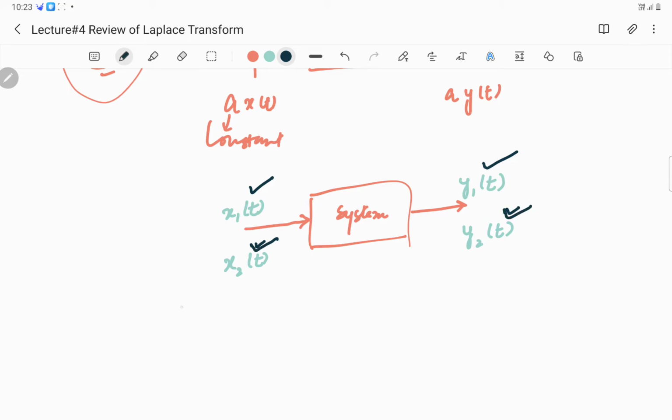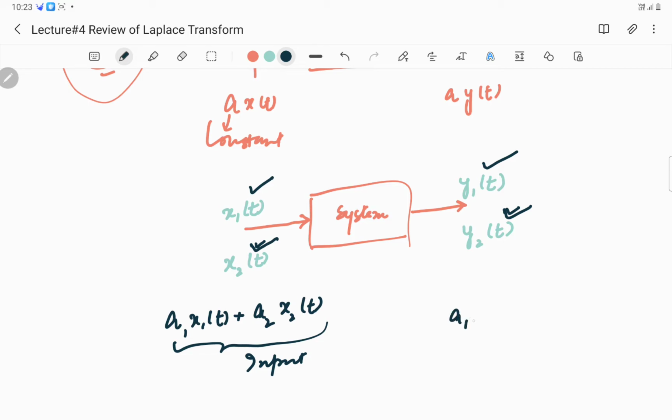Now if I apply a signal which is a1 times x1 of t plus a2 times x2 of t, the response of the system corresponding to this input signal would be a1 y1 of t plus a2 y2 of t.